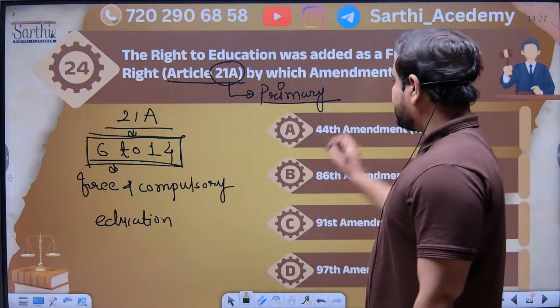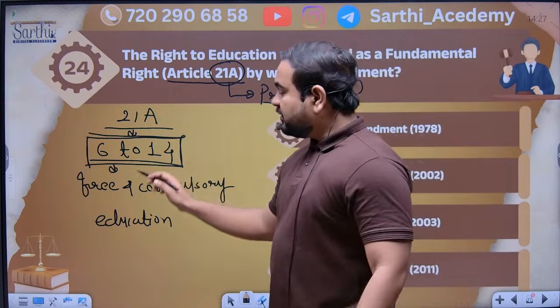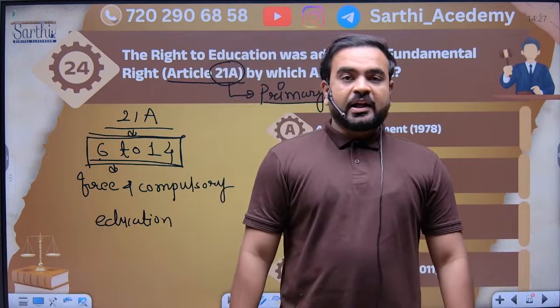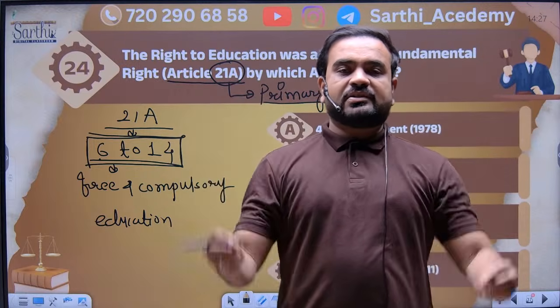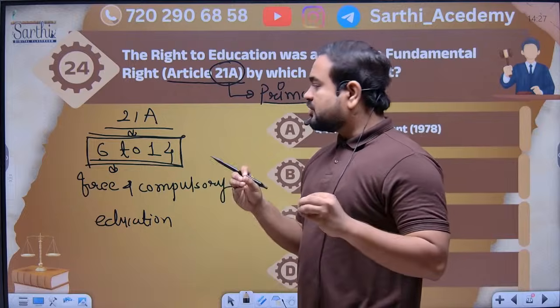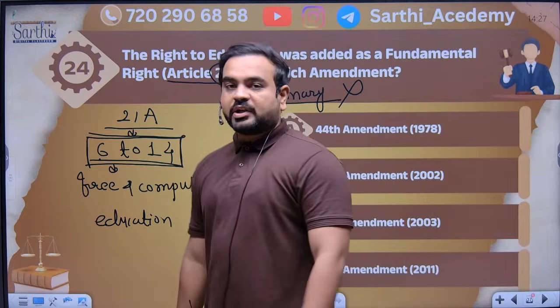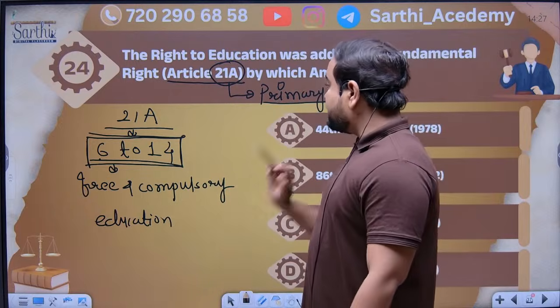Answer is no. This statement is completely wrong. Why? Article 21A only talks about the age group between 6 to 14. That means children aged 6 to 14 will certainly get free and compulsory education. That does not mean they are actually providing free education to primary students.